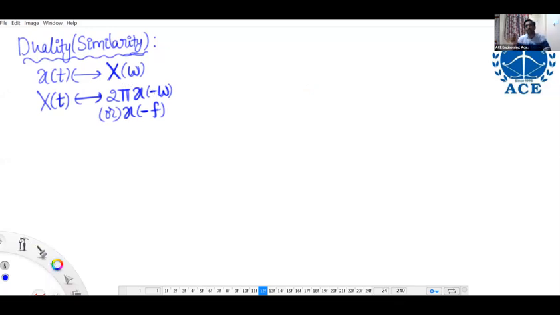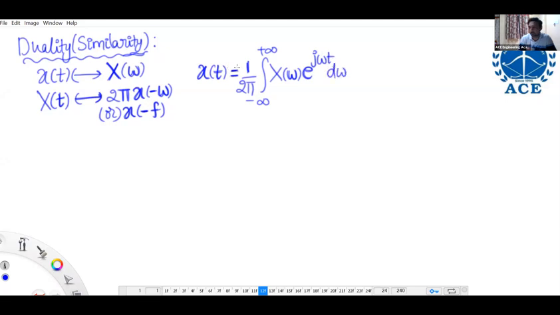How did we get this? Let me explain with a simple explanation. What is the inverse Fourier definition we know? x of t in terms of X of omega is 1 over 2 pi integral X of omega e power j omega t d omega. That is the inverse Fourier definition.